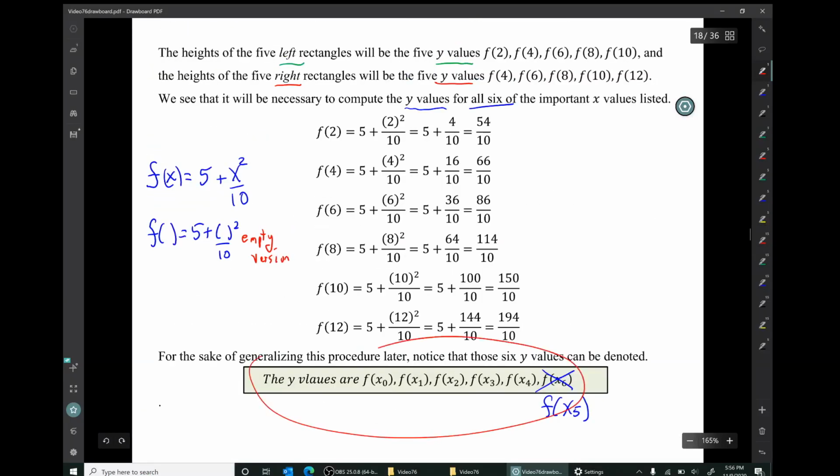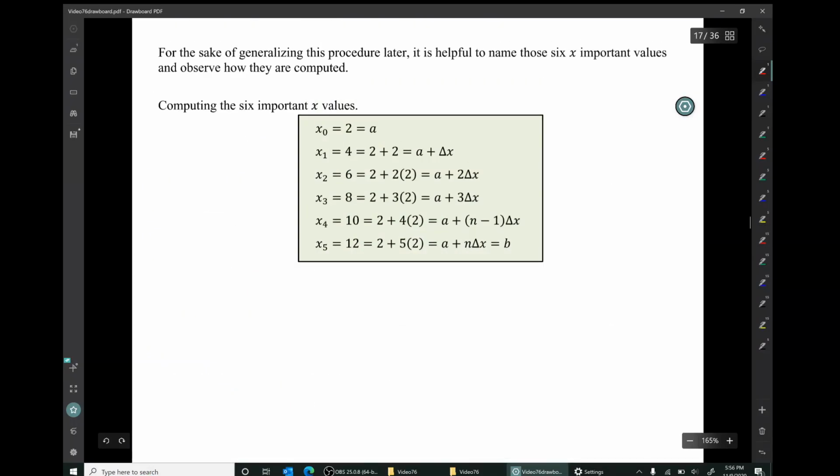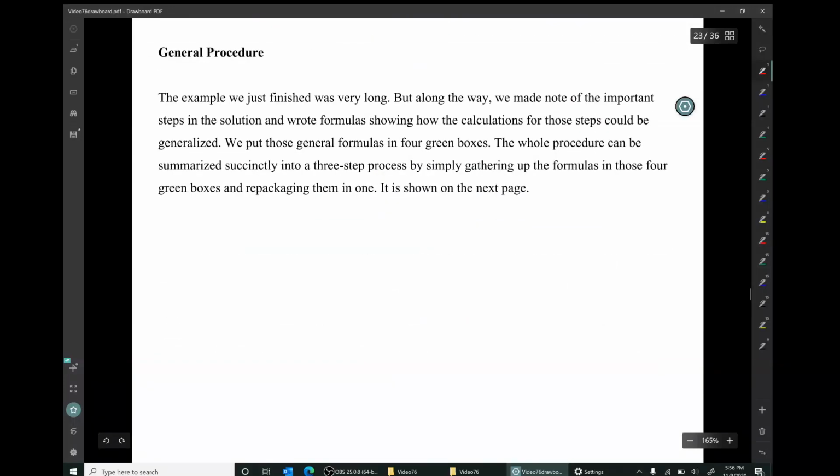And that. And the x values were listed in this green box, and so forth. Well, the whole procedure can be summarized succinctly into a 3-step process by simply gathering up the formulas in those 4 green boxes and repackaging them in one. I'll show that procedure on the next page.